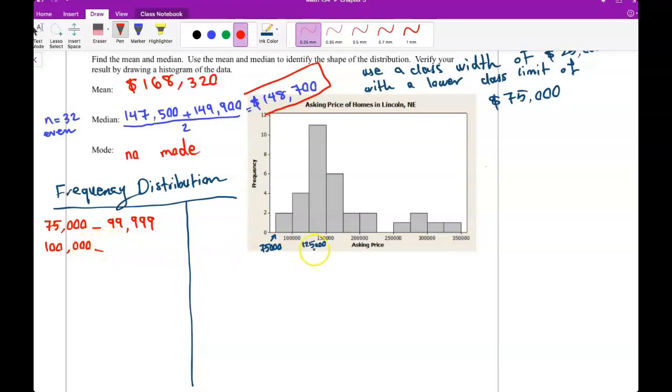After this we have 125,000. Minus 1 is here, so 124,999.